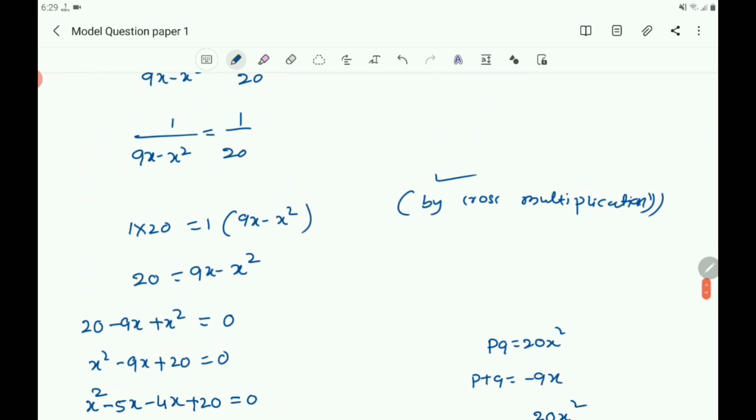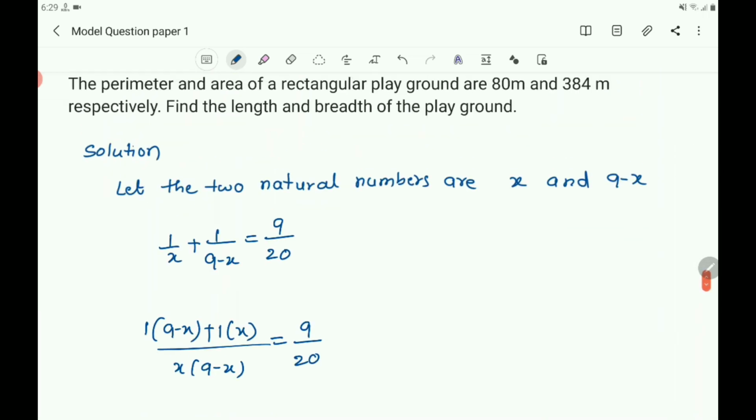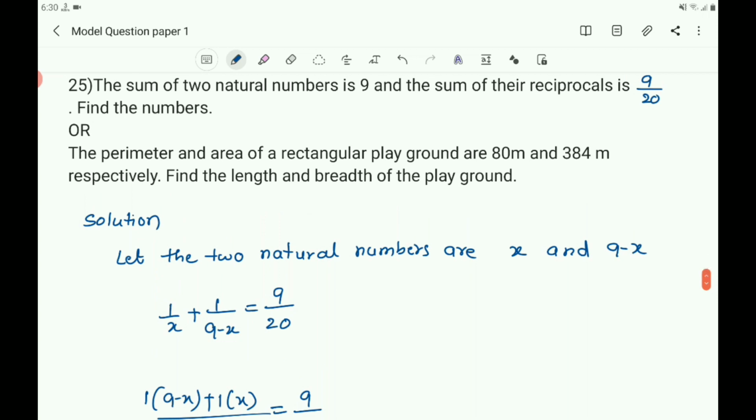You know that the sum of 5 and 4 is 9, and the sum of their reciprocals you can verify. 1 by 5 plus 1 by 4, the LCM is 20, and the numerator becomes 4 plus 5, 9 by 20. So we got the accurate value here.